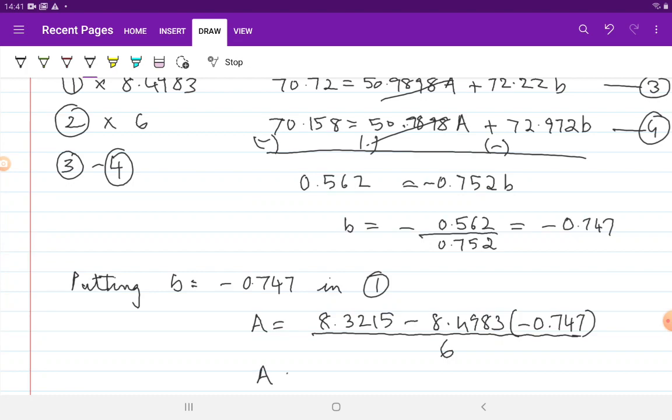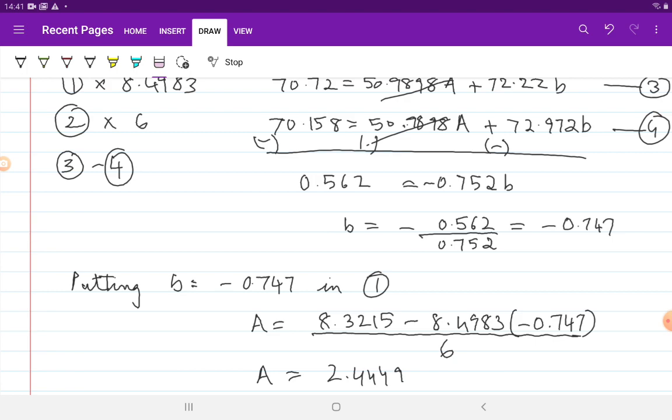And the value of A comes out to be approximately, I forgot, since we have to still take antilogs, so let's leave it at the value of A is 2.449.